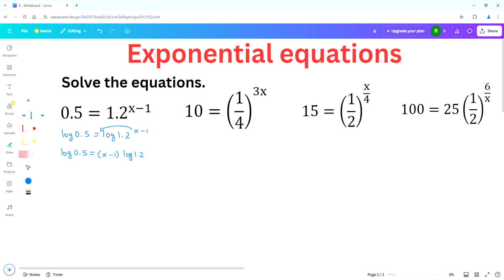Next, we should divide both sides by log 1.2. Log 0.5 over log 1.2 is equal to negative 3.80, rounded to 2 decimal places.